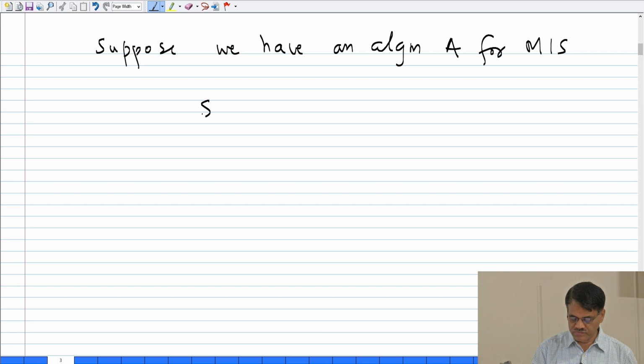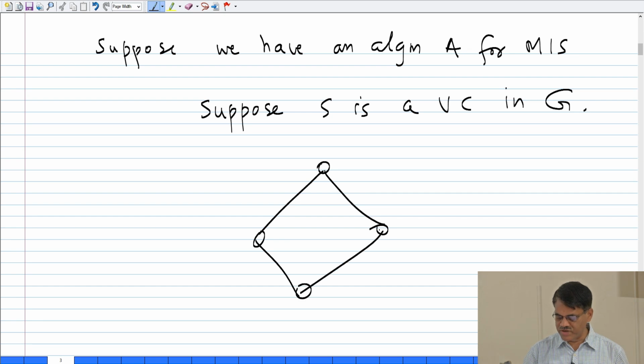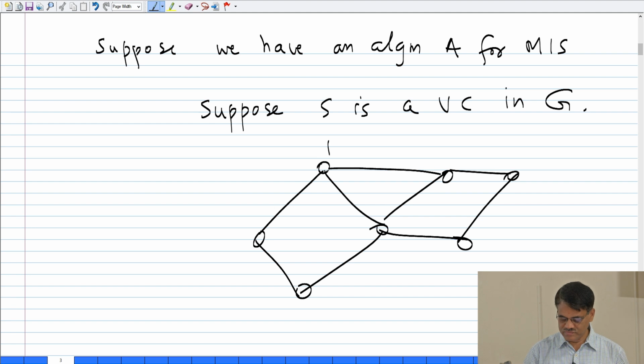So, suppose S is a vertex cover in a graph. Okay, so here is my graph. I need to draw some picture sometime at least. Okay, give me a vertex cover for this graph.